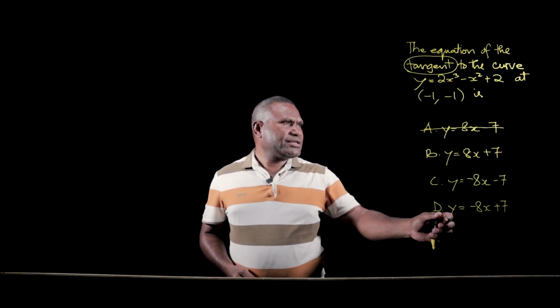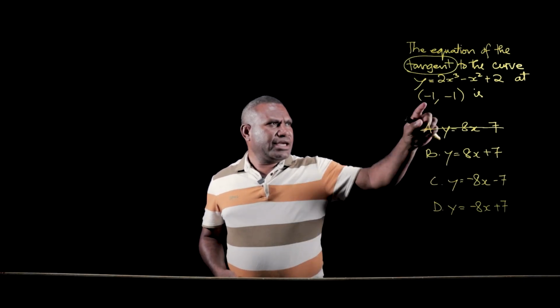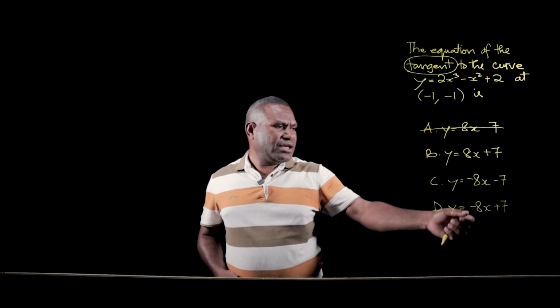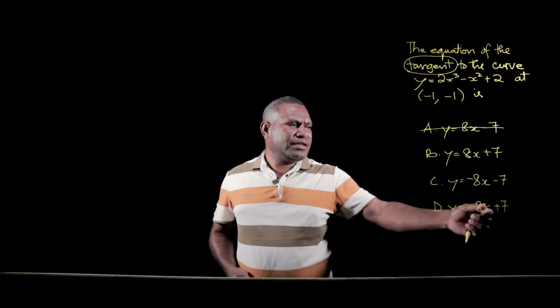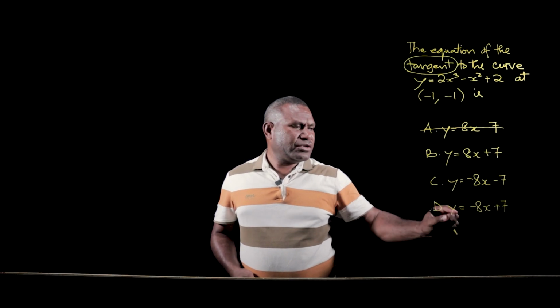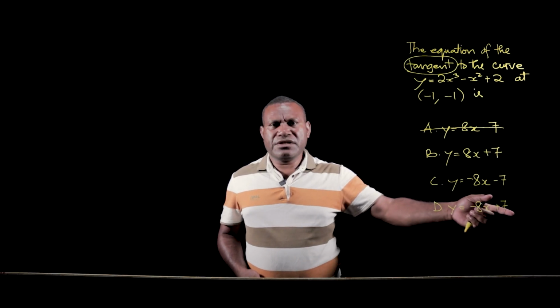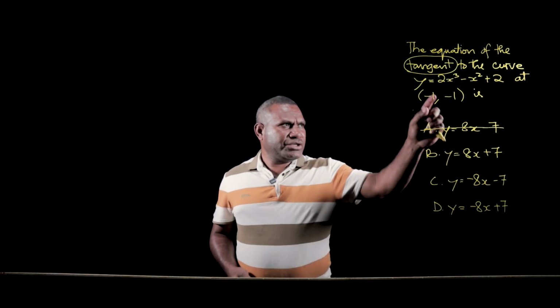We do the same thing by substituting -1 for y and -1 for x. -1 will be equal to -1 times -8, which gives us +8. +8 plus 7 is 15, so -1 is not equal to 15. This one does not satisfy the point.